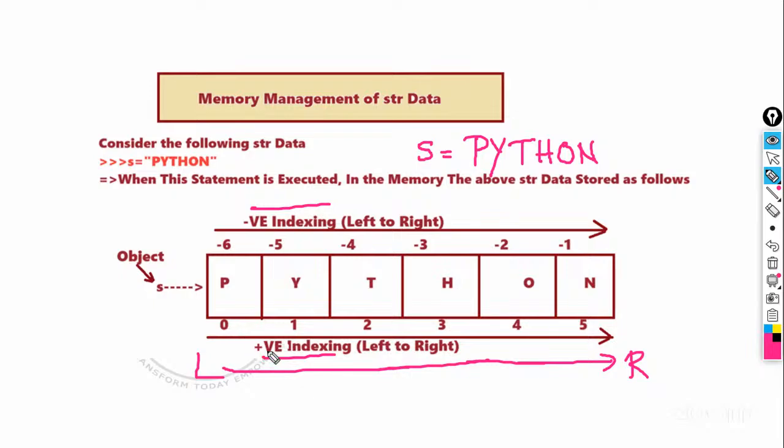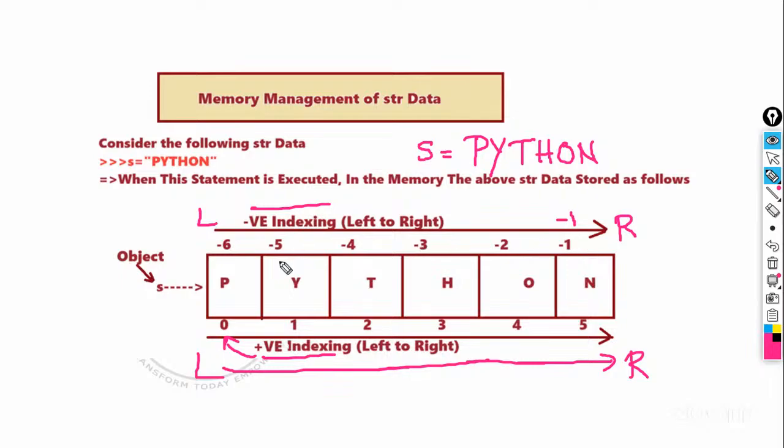Coming to negative indexing, we start from right to left. Here we get negative values for our index values, and by default it starts from -1. It is not 0, it will start from -1.